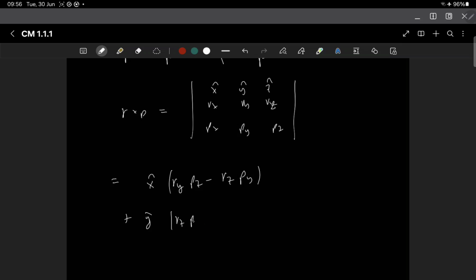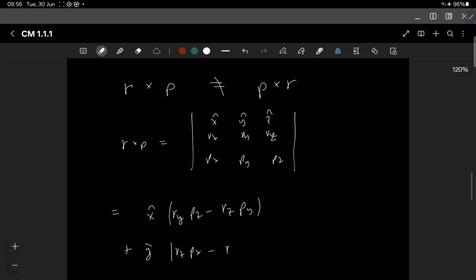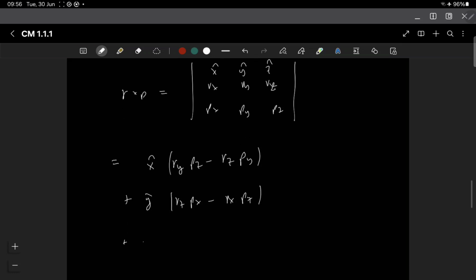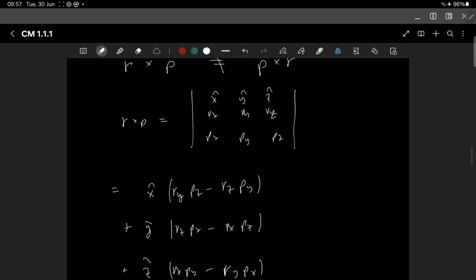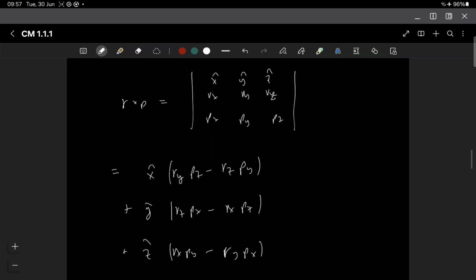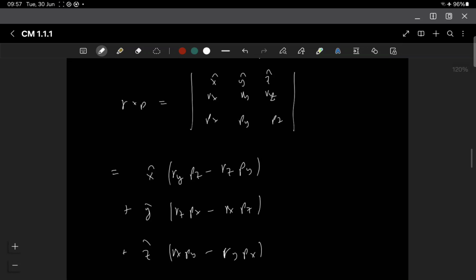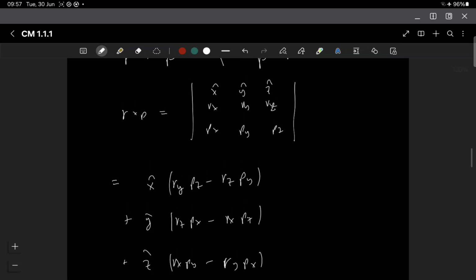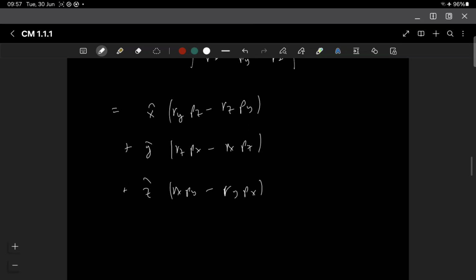So rz px minus rx pz, and then the final component is just rx times py minus ry px, right? So this is how you take the cross product of r and p if we are working in Cartesian coordinates, right?